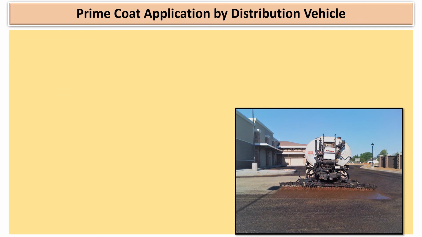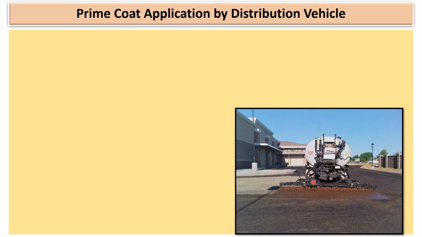Prime coat application by distribution vehicle. This is a photograph of pneumatic liquid bitumen distributor, or in simple terms, a sprayer vehicle. It is a complex piece of equipment used in priming and tack coat application work in pavement construction.